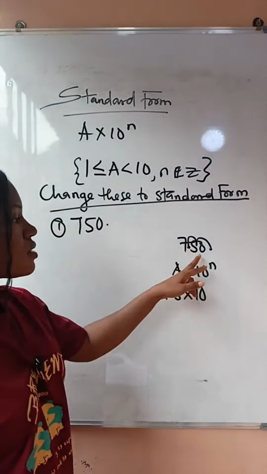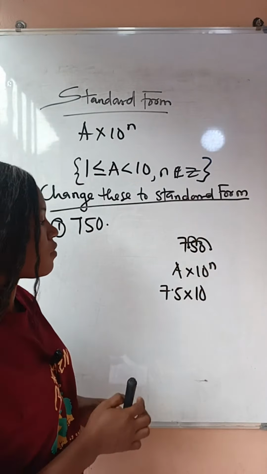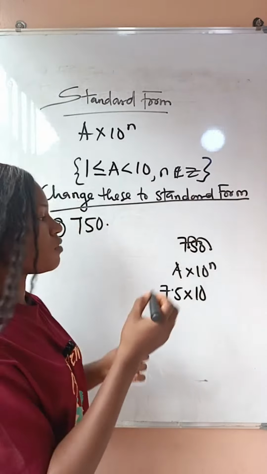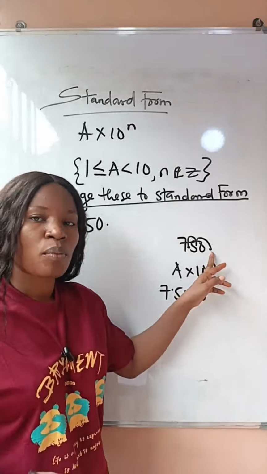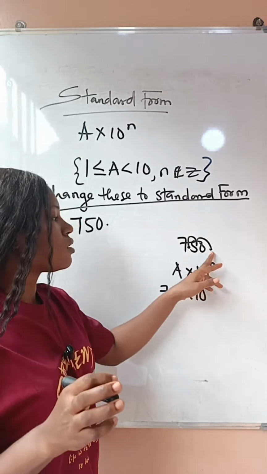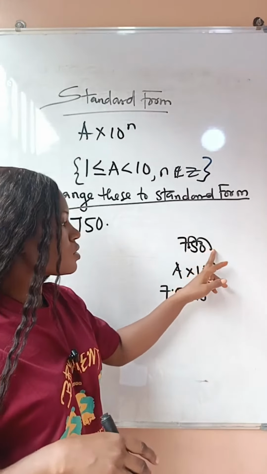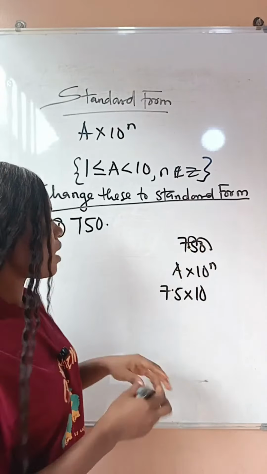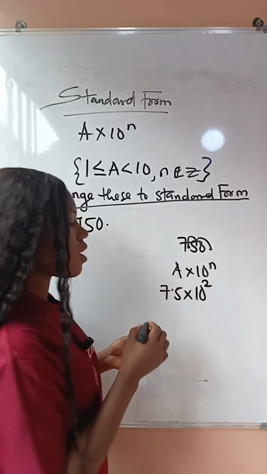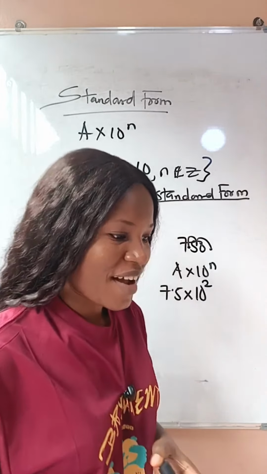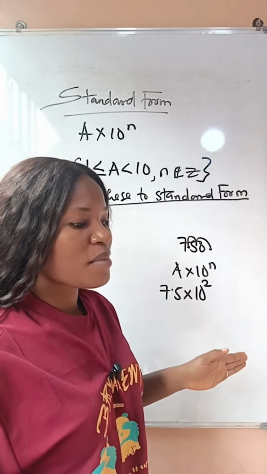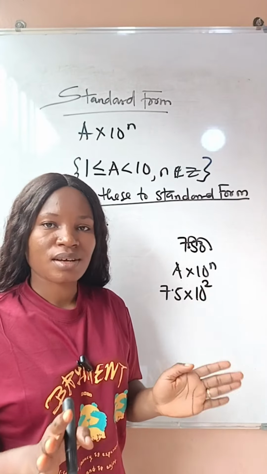So in this case, we shifted this decimal point to the left, so it's going to be positive. Then how many times did we go from where the decimal point was originally to where it is now? 2 times. 1, 2. So that means we are going to have positive 2 as our n. Interesting, right?